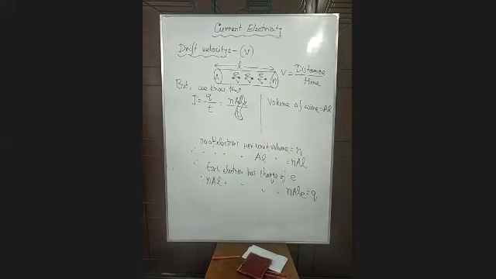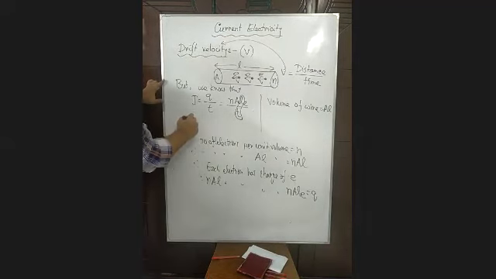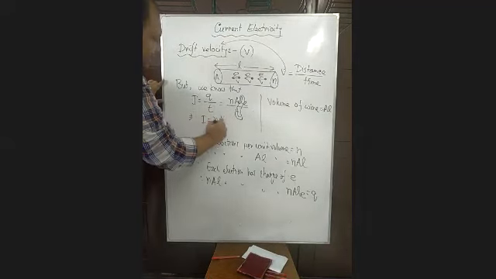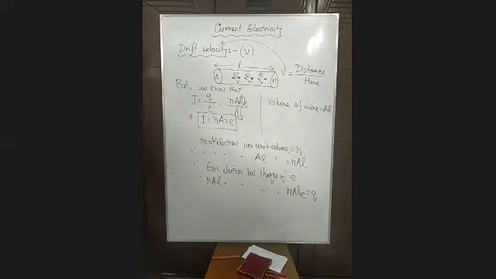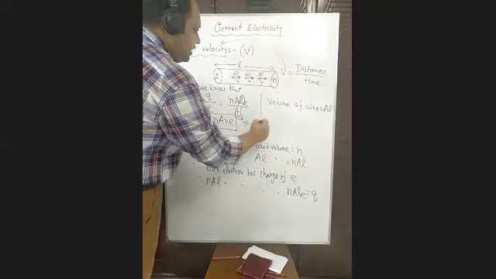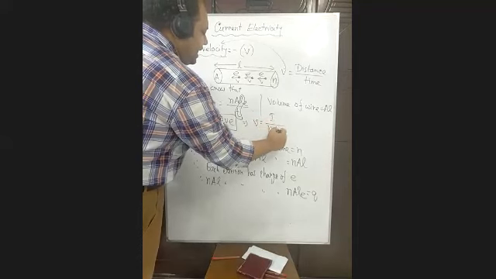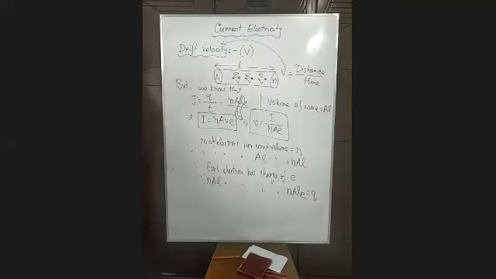So distance divided by time can be said as v, and that v is the drift velocity. So finally, I can say I equals nAve is the required expression for current, from which we get another equation for drift velocity, v equals I by nAe. So this is the drift velocity equation. In such a way, we can get the drift velocity as well as the total current of a conductor.